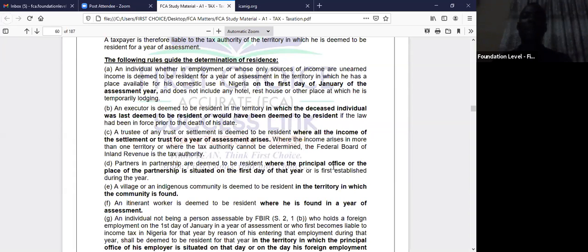Now, when we go to partnership, people who are partners are deemed to be resident where the principal office or the place of the partnership is situated on the first day of that year, or is first situated during the year. Okay, now let's say, for example, let me call partners' names now.